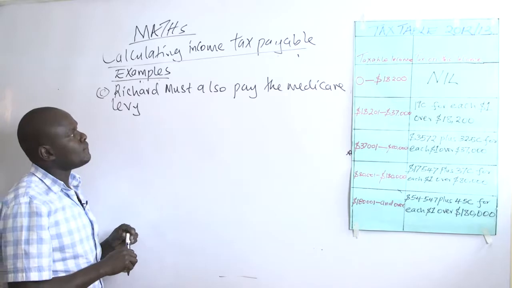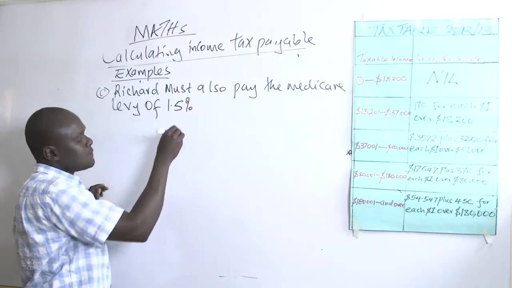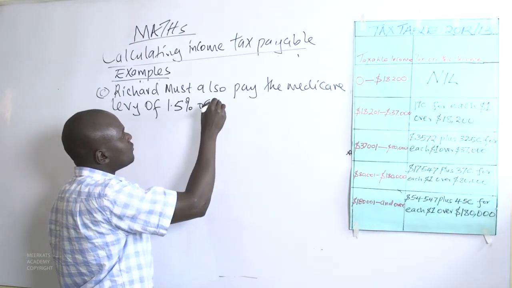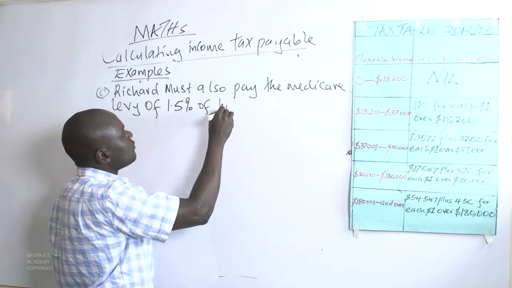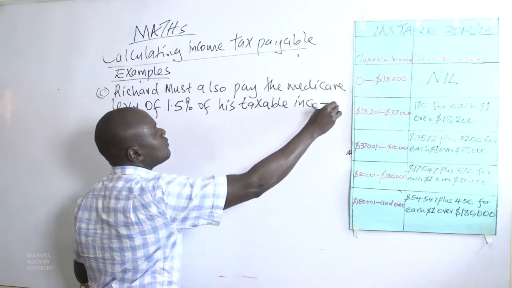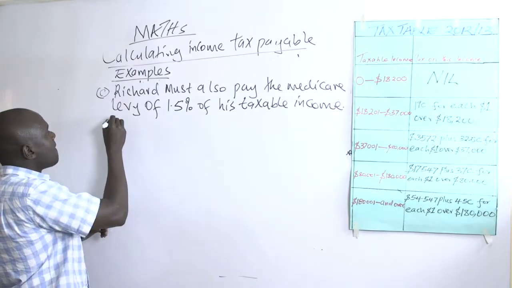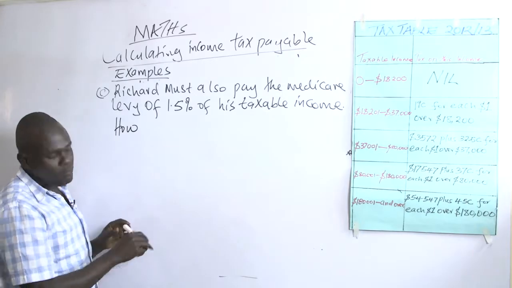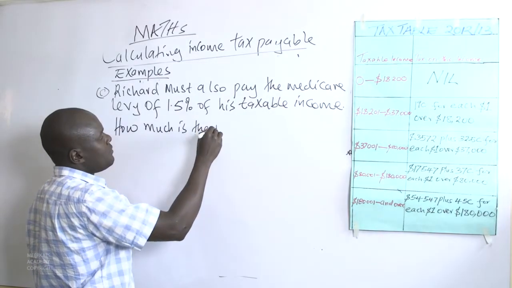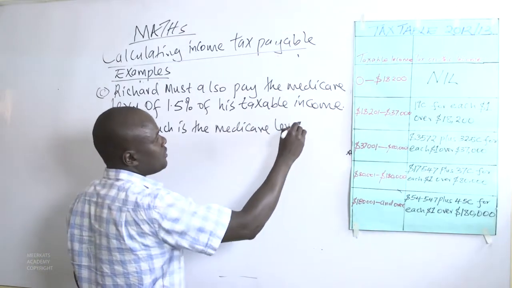This Medicare levy is 1.5% of his taxable income. How much is the Medicare levy?